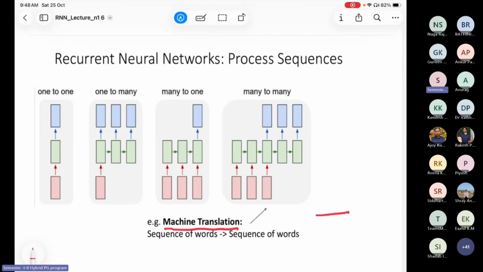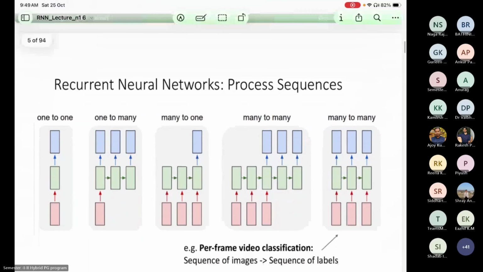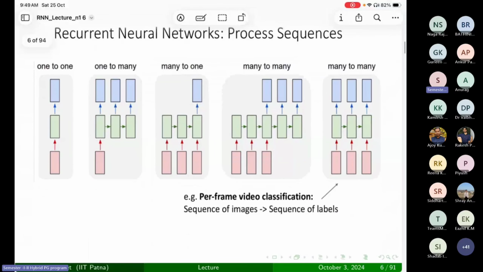Whenever you convert one language to another, whatever paragraph you get in that language should have the proper meaning of the original paragraph. That's why I'm saying that only predicting a word is not sufficient. It should predict words in a particular order, so that the full paragraph has proper meaning.